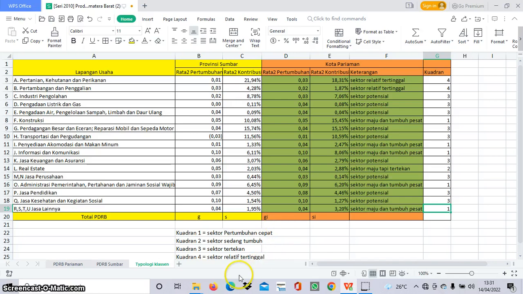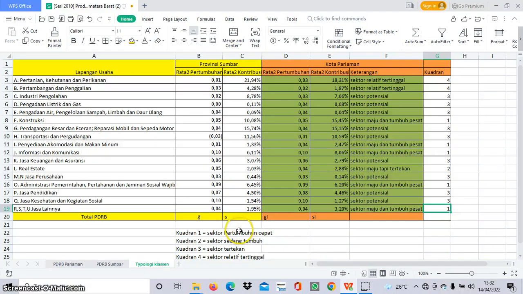And the last, the sector is relatively underdeveloped, or quadrant 4. This quadrant is occupied by sectors that have a lower GRDP growth value, gi, than the reference regional GRDP growth or national, g, and at the same time have a contribution to GRDP, si, which is smaller than the value of the sector contribution to regional GRDP, the reference or national, s.